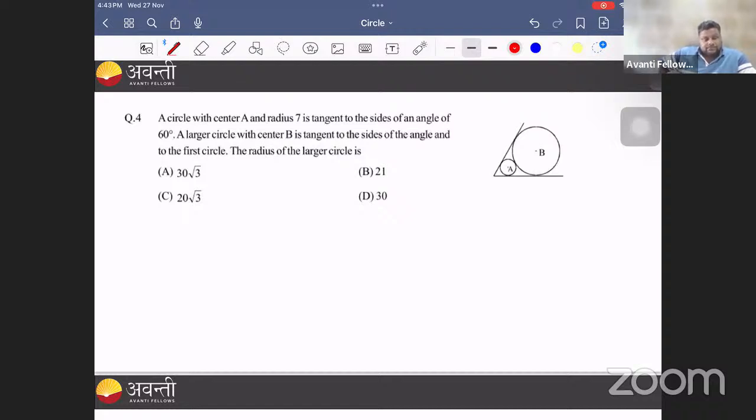Find the radius of the larger circle. Quickly try, guys.